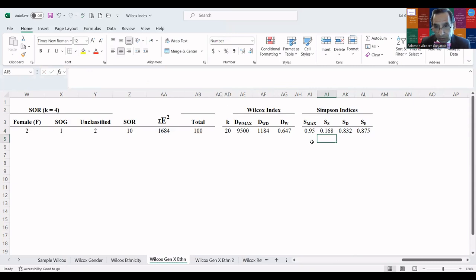That gives me 0.168. I subtract that from 1, so that gives me a diversity score of 0.832. When I divide 832 by 95, that gives me a standardized score of 0.875, which indicates that 88% of the maximum value of diversity was obtained.